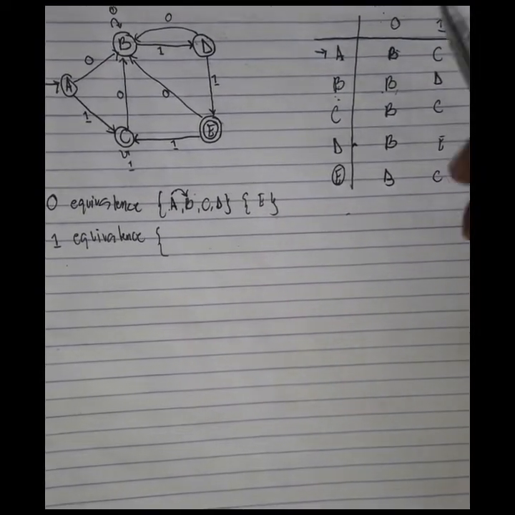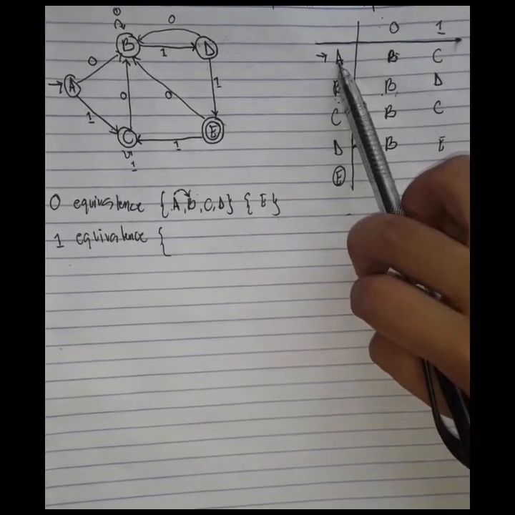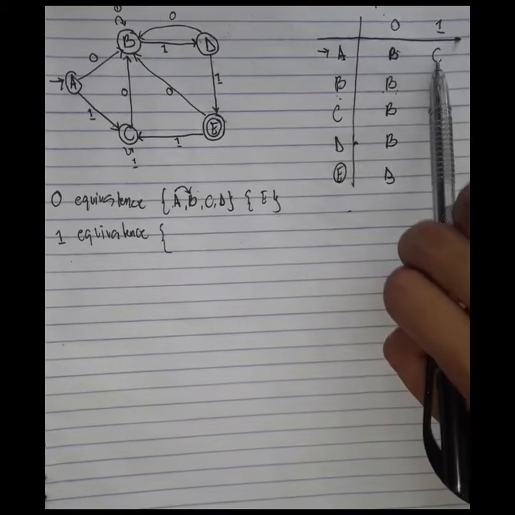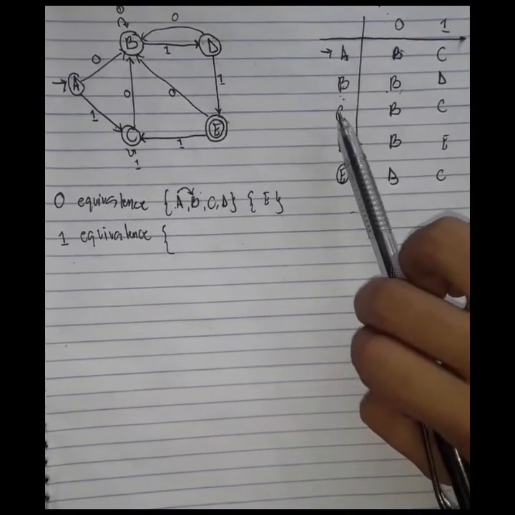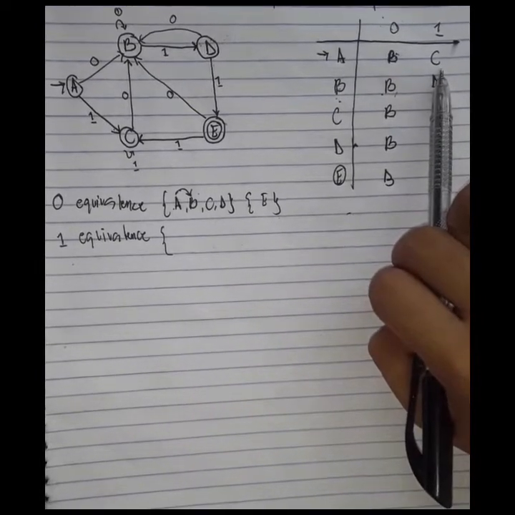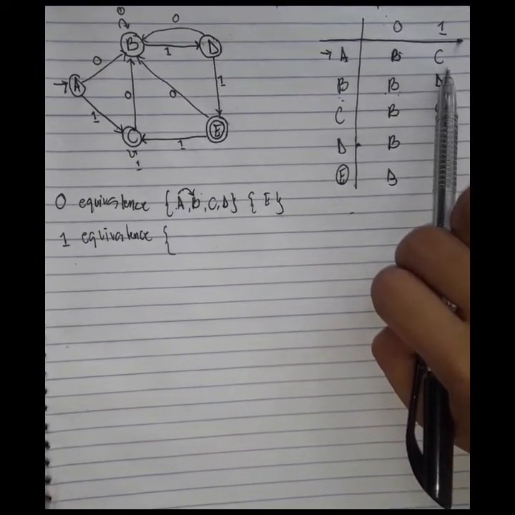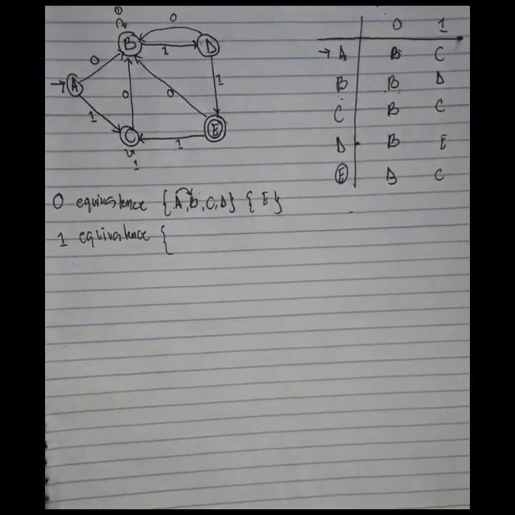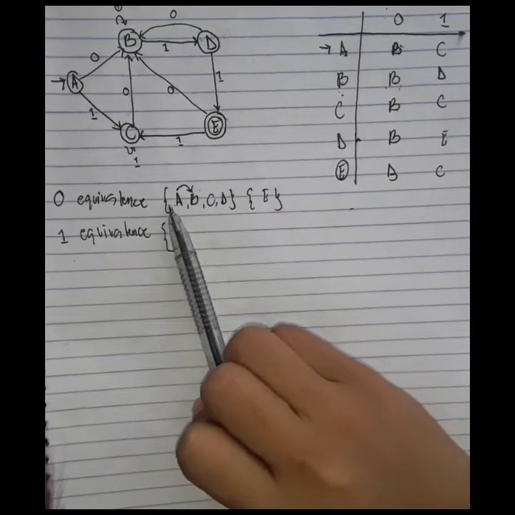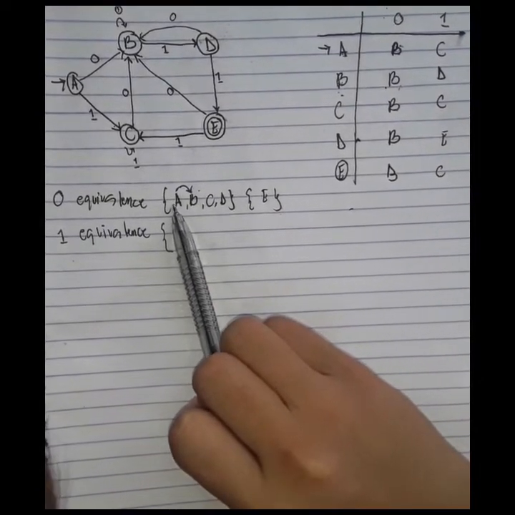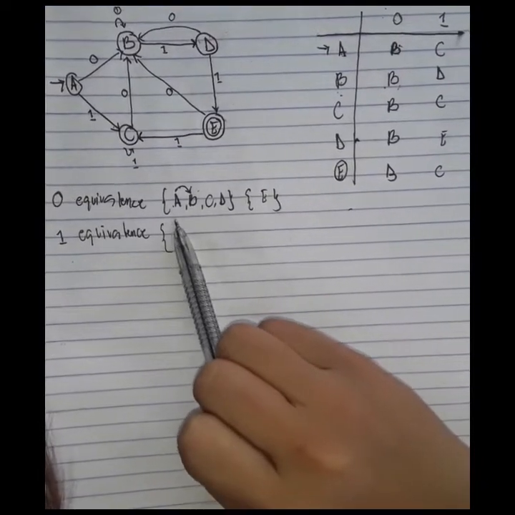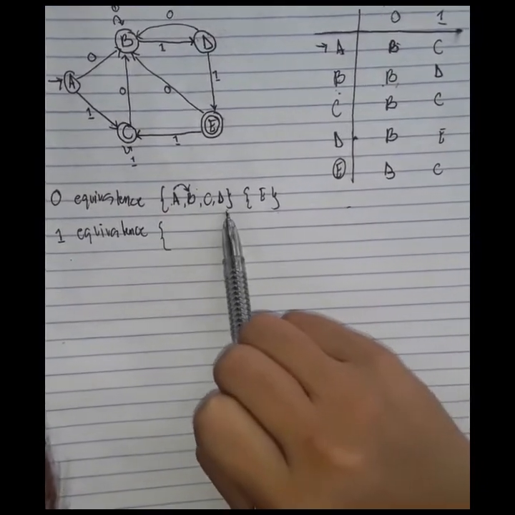Like the 0 input of A is B, and the 0 input of B goes to B, so they are in one set, okay.